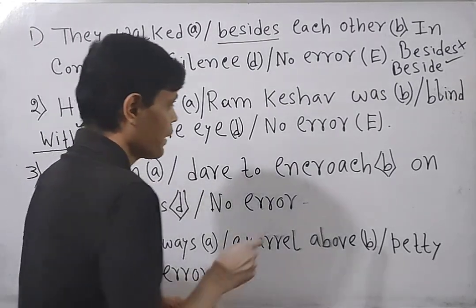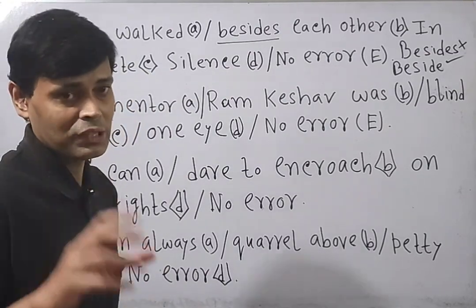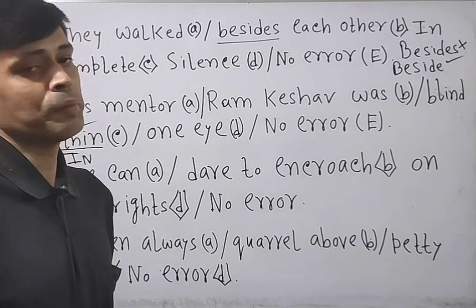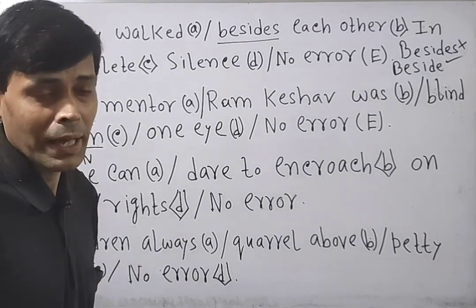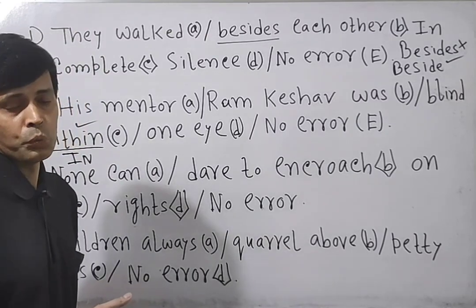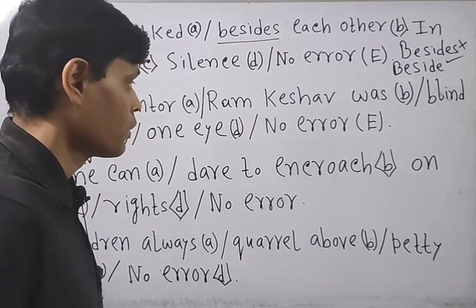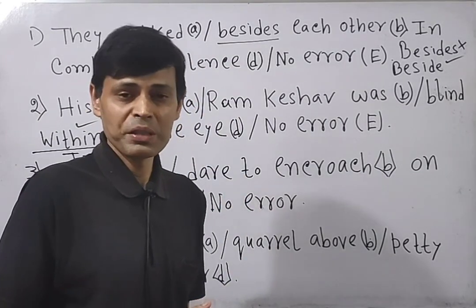Encroach means make entry without permission. But be careful, just after the verb encroach, generally the preposition upon is used, but in the absence of upon, we can choose on. But here you are asked to find out the mistake.